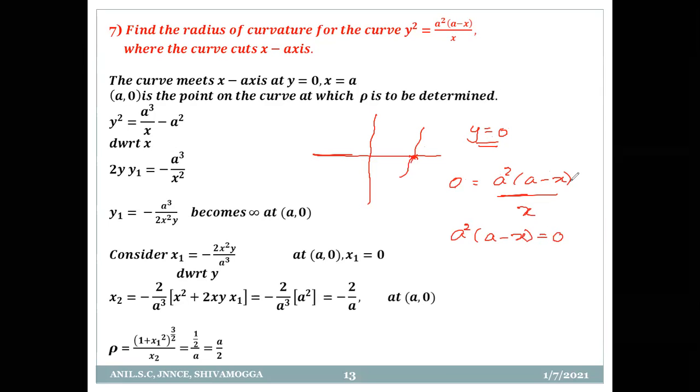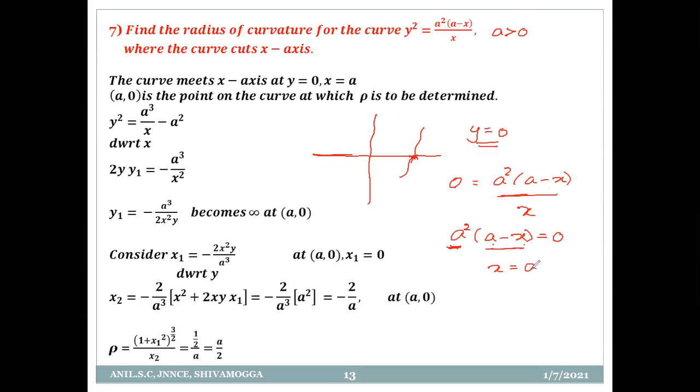A square into a minus x is equal to 0, into x is 0. The product of these two terms equal to 0 implies at least one of the two terms is equal to 0. That is either a is equal to 0 or a minus x is equal to 0. But this a is a positive quantity. This is greater than 0. Therefore, you cannot equate this a square to 0. That means a minus x must be 0.